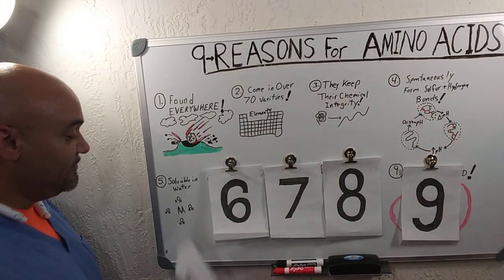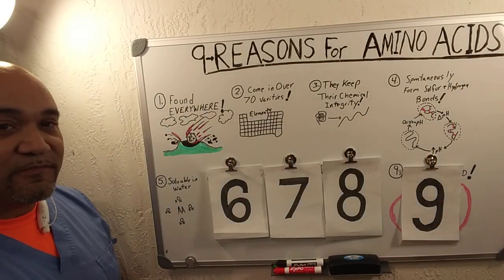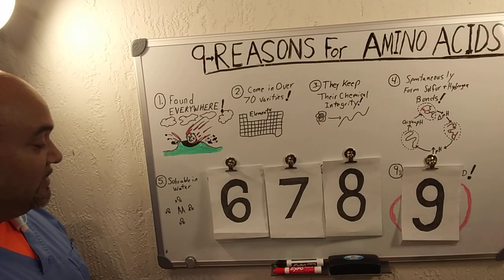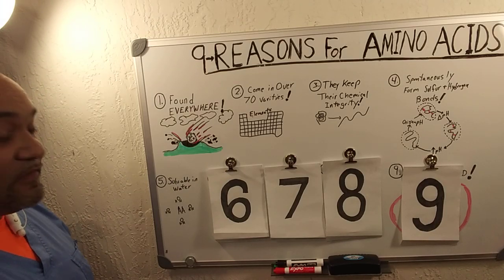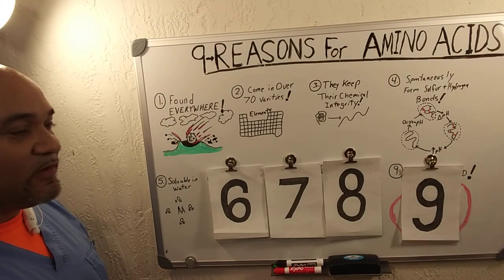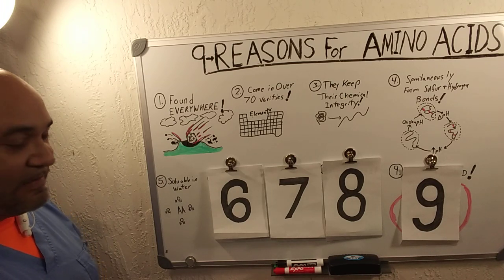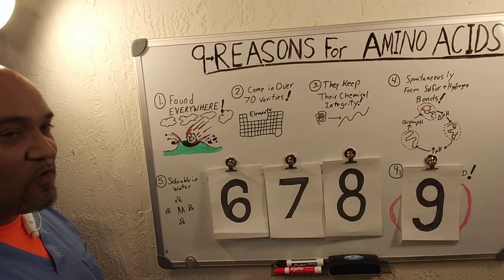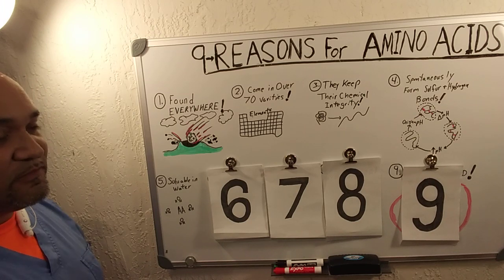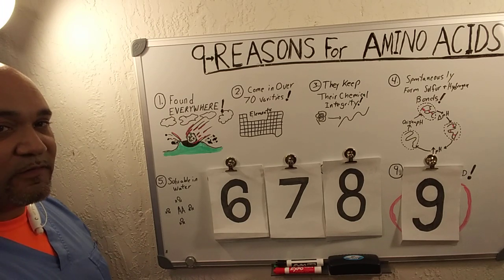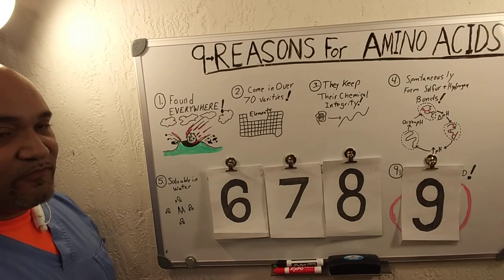Number 5, it's soluble in water. This is a water planet. Anywhere you find on this planet, at least on its surface, you'll find water. And if any chemical does not work well with water, it will not be very useful for life.